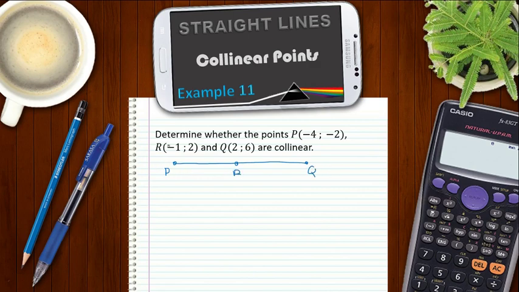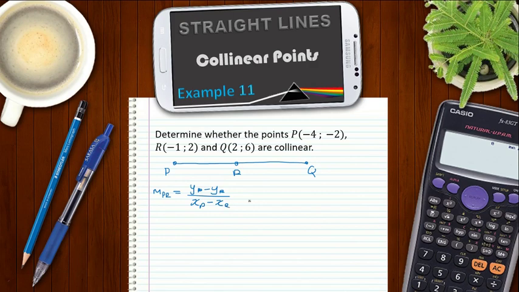Then we have our coordinates, and let's say the gradient of PR is the change of y over the change of x. So that means yp minus yr over xp minus xr.